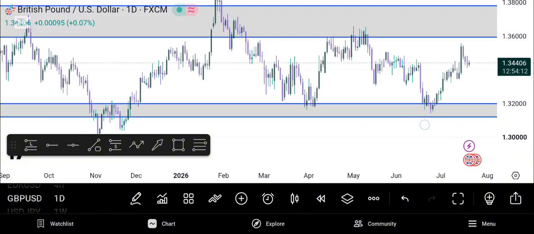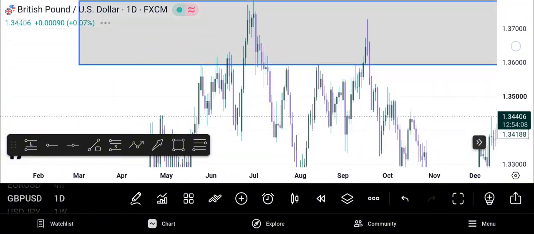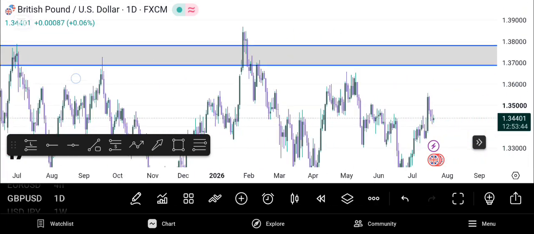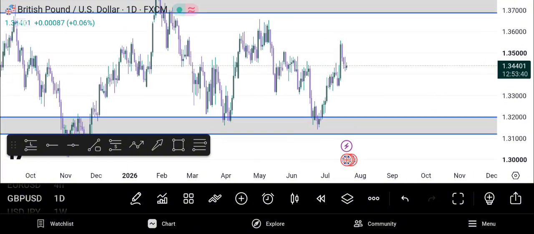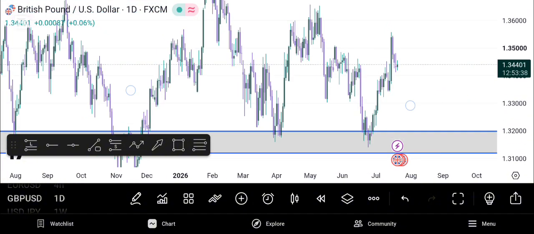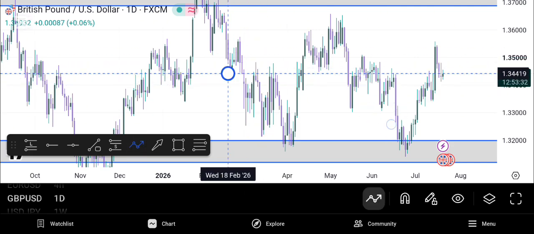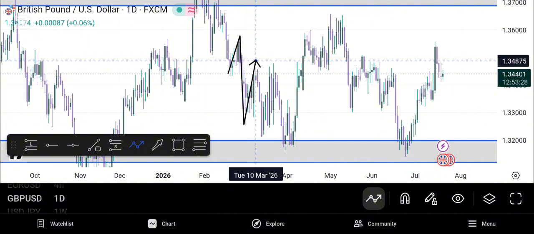From the daily time frame, we have a similar structure. This is what we have, and we can see that price is still to react. So from the daily time frame, when we look at structure here from April, let's read structure. I'll just start from here: higher highs and higher lows, then lower highs and lower lows.